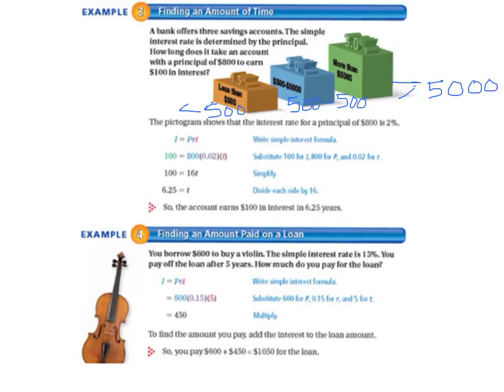So we have an account with a principal of $800. So our account is going to earn 2% interest.